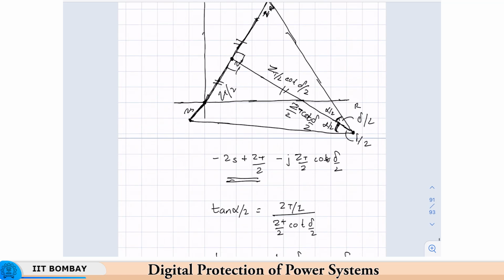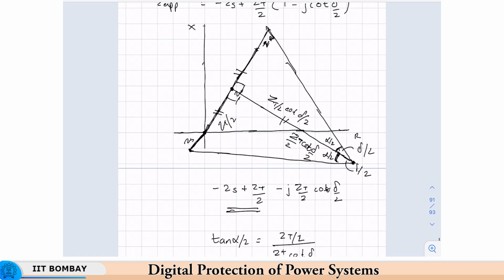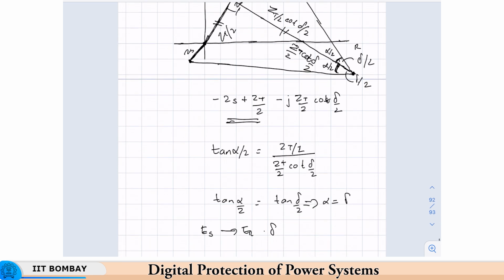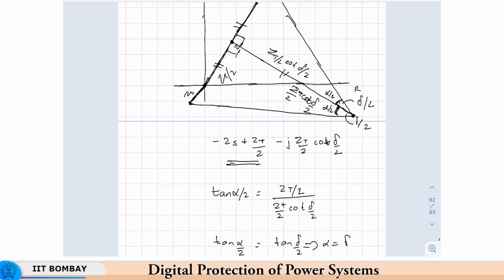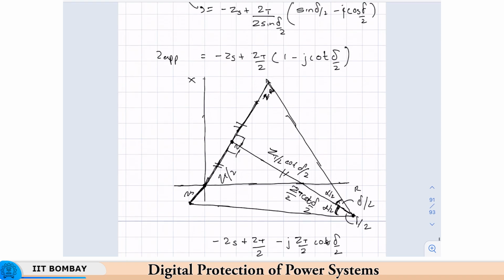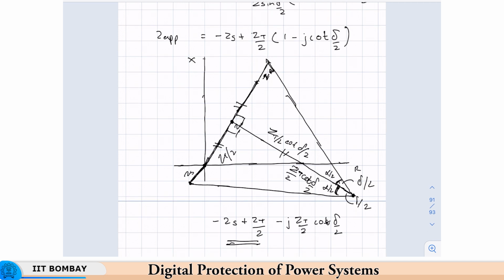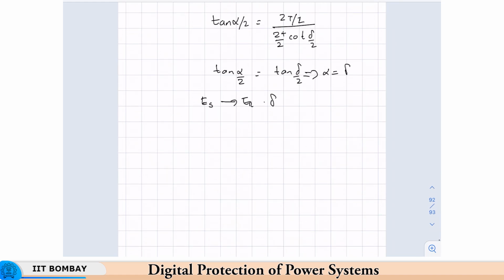So, the angle that this impedance locus subtends at the two extremes of ZS and ZR is the angle of separation between ES and ER, which is nothing but delta. So, when delta changes due to the swing, as we saw in the equal area criterion discussion, this delta also changes. It is the same delta in any case.